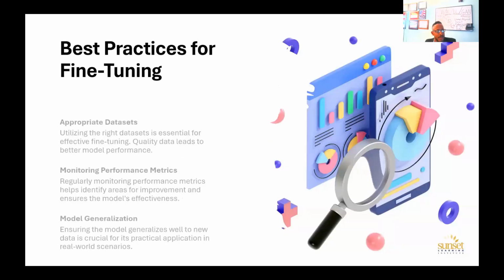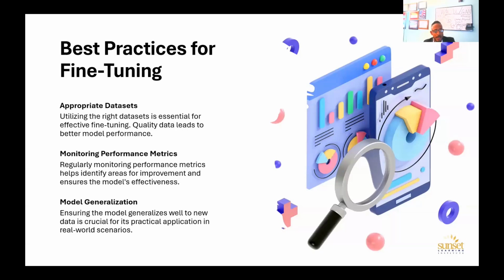Well, I did mention that there are many ways of fine-tuning, not just transfer learning. Okay. So consider some best practices. Appropriate data sets. Let me refer to it this way. The data from my sales team needed to be, ready? It needed to be correlative, or it needed to represent the data used by the sales team.